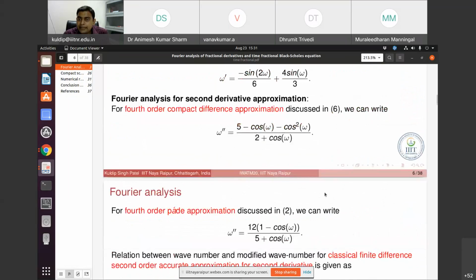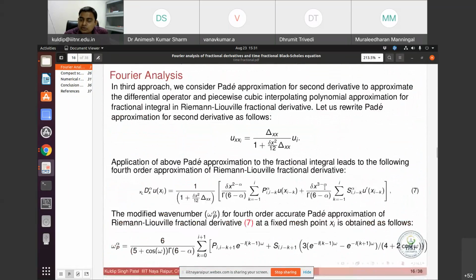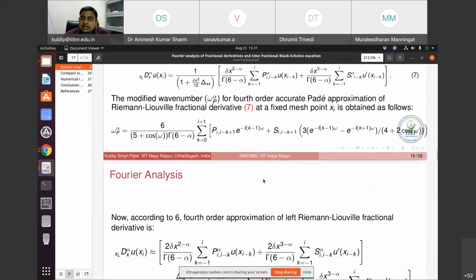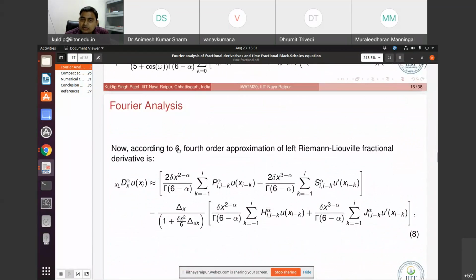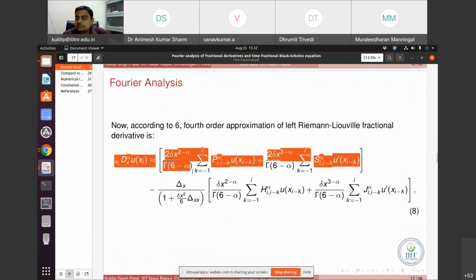So instead of the Padé approximation, I use that splitting. That is my fourth approach, according to equation number 6. If we use that splitting, my fourth order accurate approximation to the Riemann-Liouville derivative is this, equation number 8.